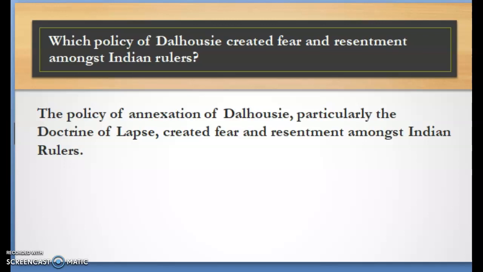This means that the kings were not allowed to adopt an heir to their throne, and on this basis many states were annexed, like Jhansi and Satara, particularly these two, and many more. Due to this policy many rulers lost their kingdom and were angry. Some of them were in fear: what if my son dies, then my kingdom will be annexed by the Britishers.